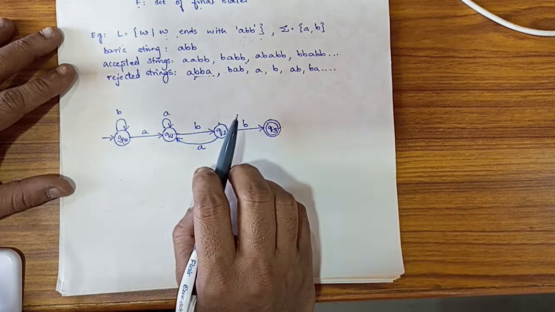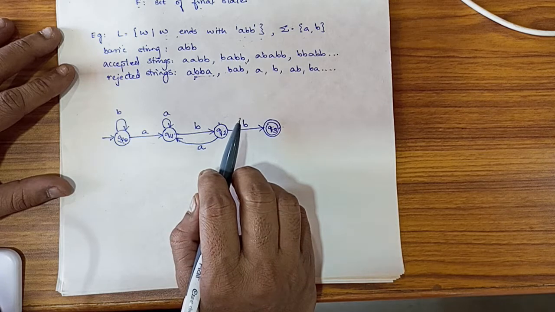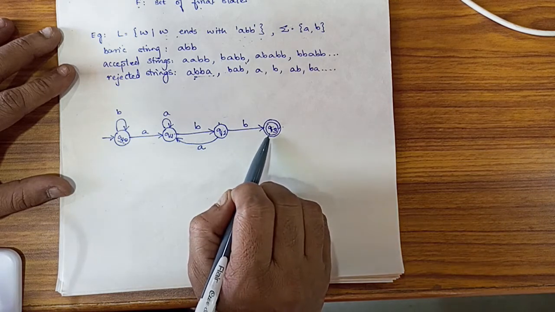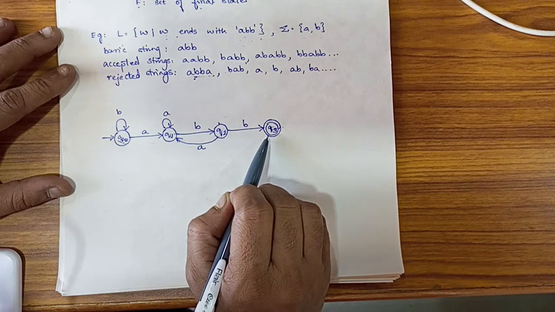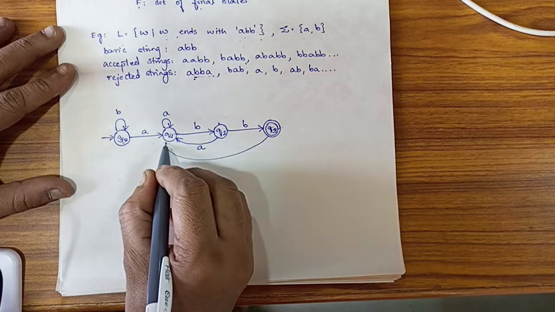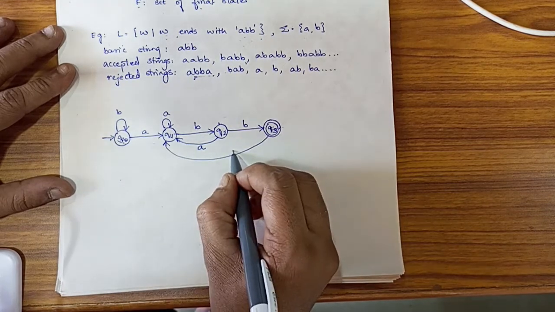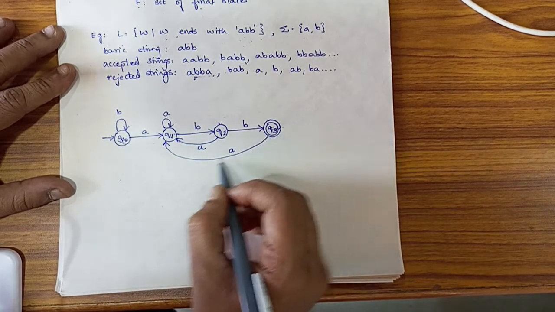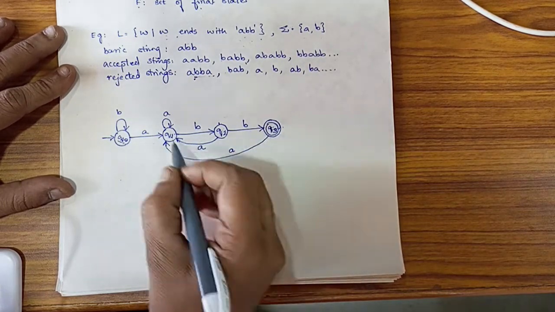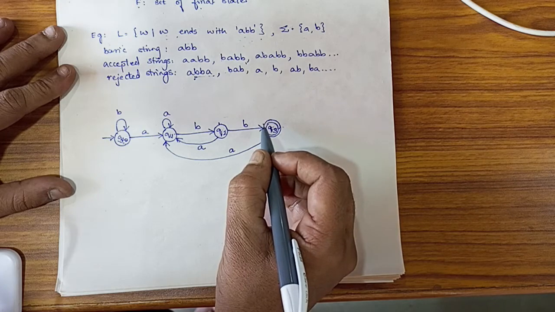Now let's say I get A in Q3 state. If I get an A, I need a BB as well to follow. So let's say I have to come back over here. If I get an A on Q3 state, I will need a BB. Only then I have the pattern ABB to reach the final state, right?